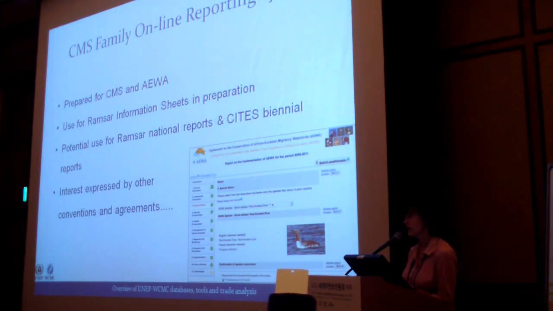They're also thinking about the potential of using it for their own national reporting cycle. So they've just recently had a conference of parties, so it will be another 2 to 3 years before their next COP, and they're considering using online reporting for that reporting process.